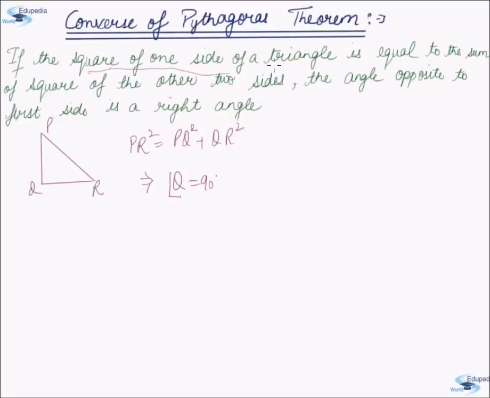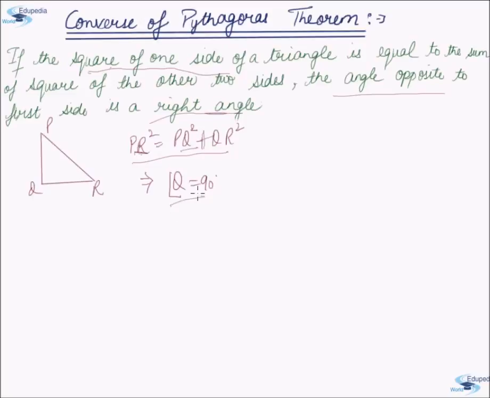If in a triangle the square of one side, here we have taken the side PR, is equal to the sum of squares of the other two sides, the other two sides being PQ and QR, and this condition holds, that is, the square of one side is equal to the sum of squares of the other two sides, then the angle opposite to the first side, which we have taken as PR, is angle Q, and it is a right angle.